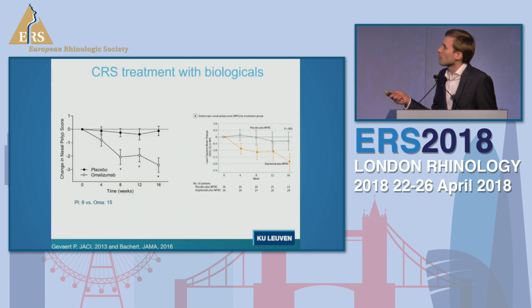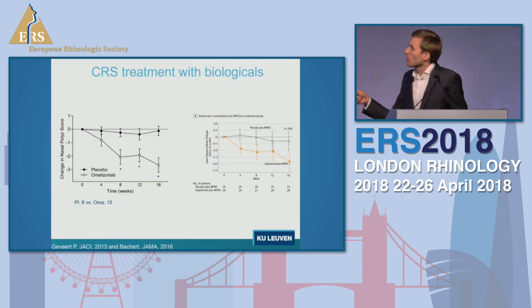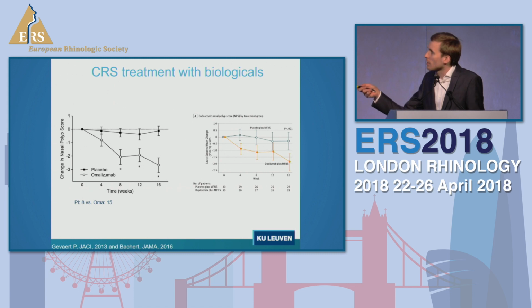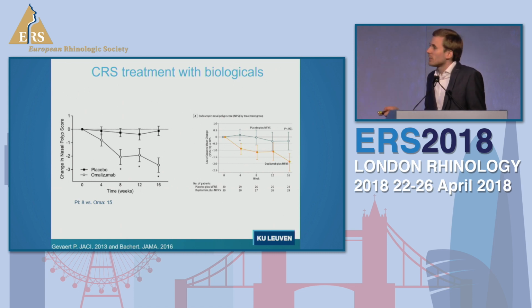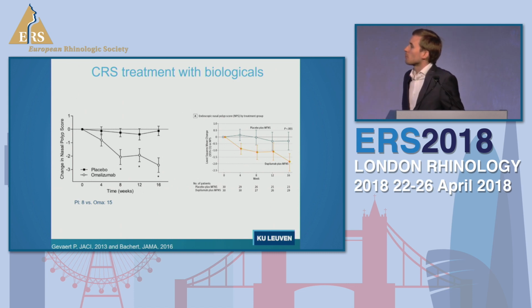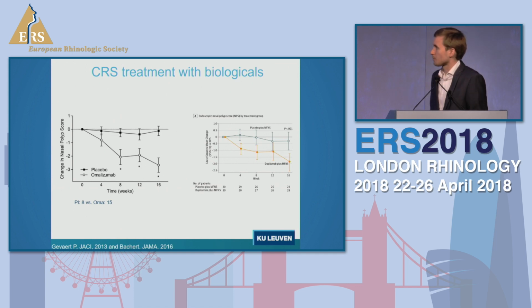And lastly, also the biological treatment. We saw in these phase 2 studies that there is a nice effect both for omalizumab and dupilumab, but still there is a spread in the response and the need to identify why certain people are responding to these treatments and why others not.